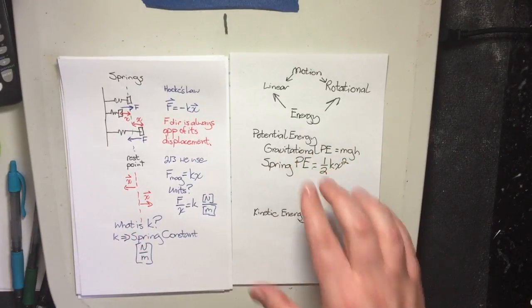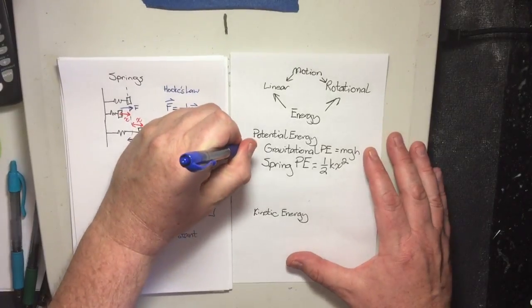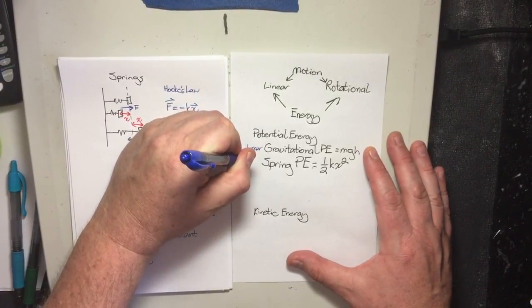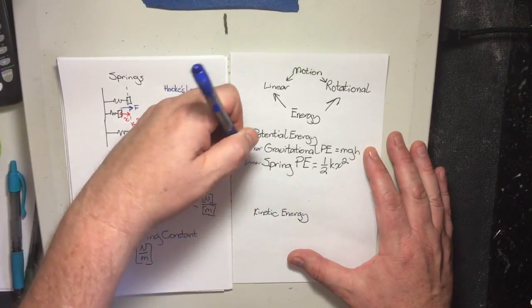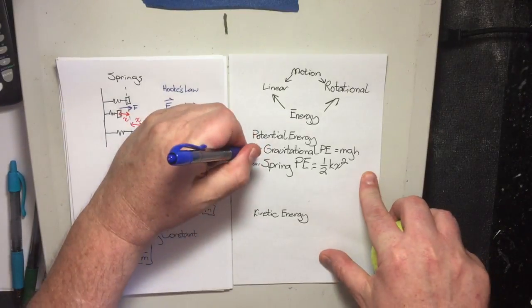These are the major types of potential energies that we're going to deal with, and they are for linear. Well, in a way, they can be used in linear and in rotational. I'm sorry.